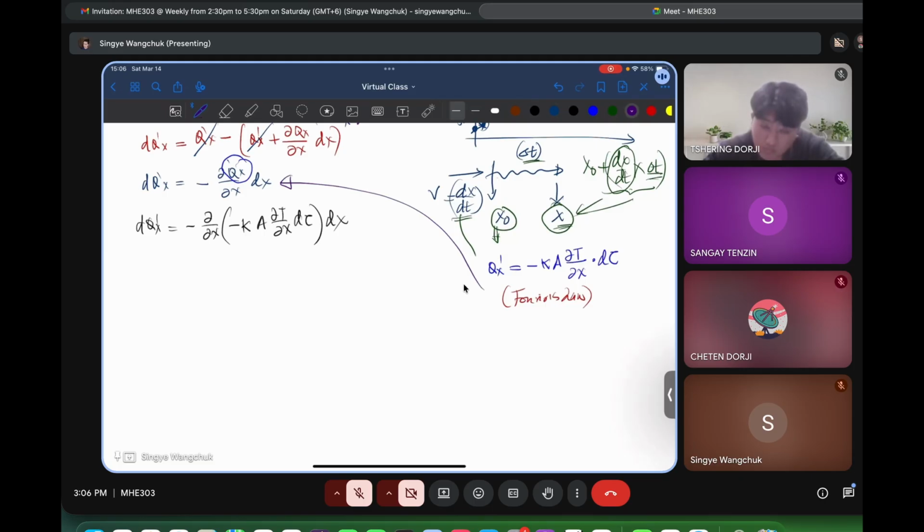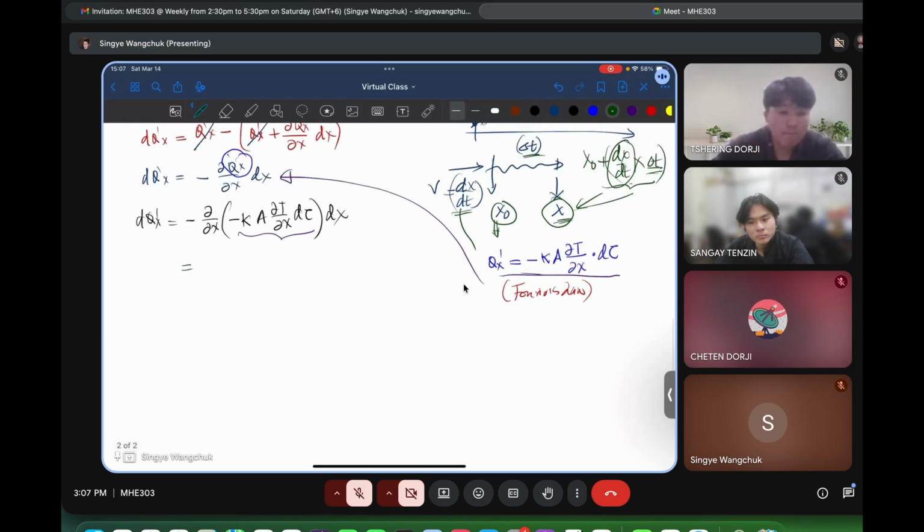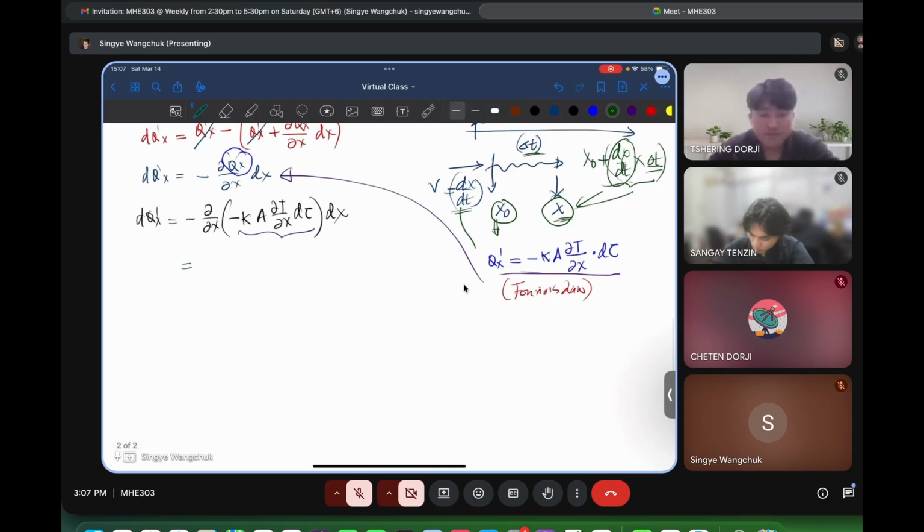Just I have substituted this expression here. So what are the common things that you will get? You know that minus will get plus. So you will have something like k A, then you have dx and dx.